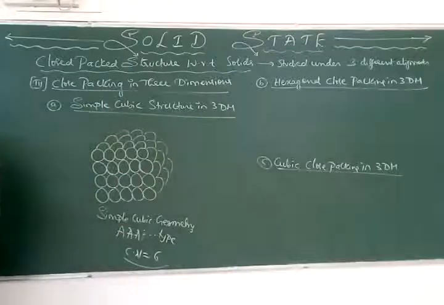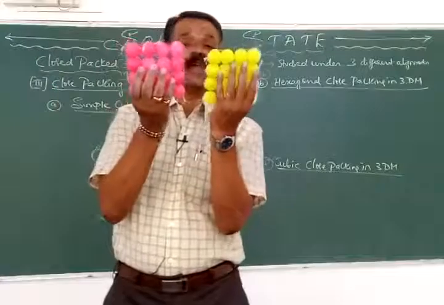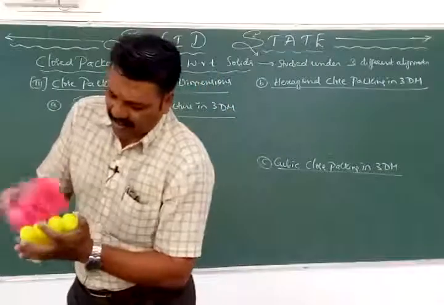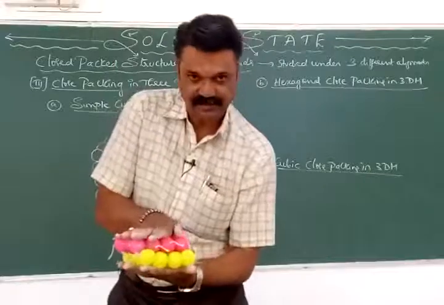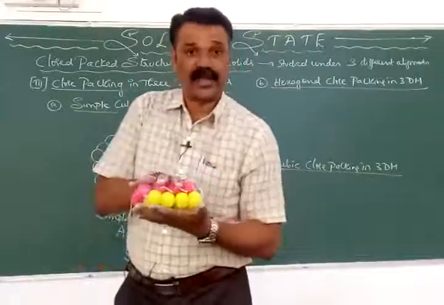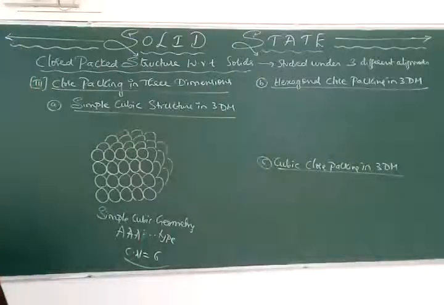Suppose, if one gets overlapped with the another like this, what type is that? AA type. This is also of the AA type. Instead of putting one above the another, if I put that between the two like this, I will get the final structure in the form of like this.